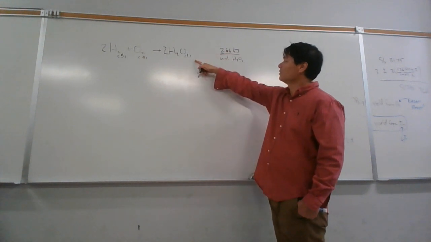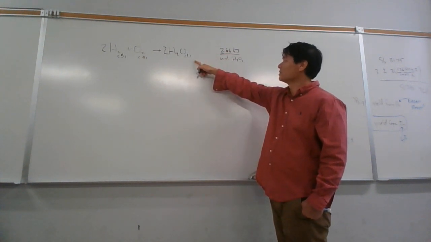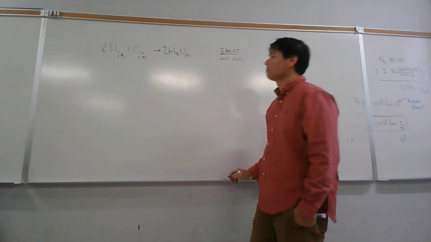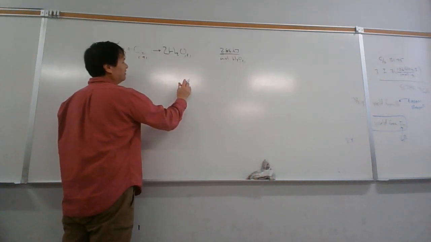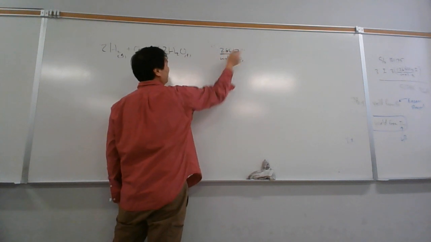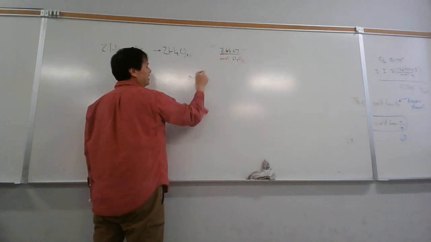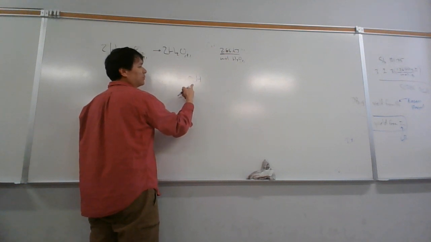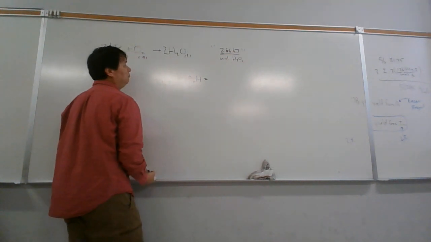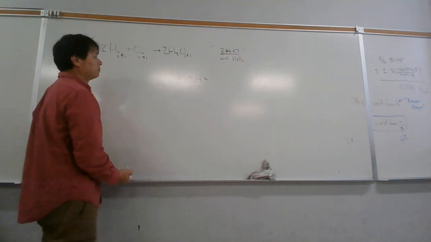How many moles of water do I form here in this balanced chemical equation? 2. And so if I do my delta H reaction here, this is not my delta H reaction. My delta H reaction, which has this little R here, is actually equal to double that.